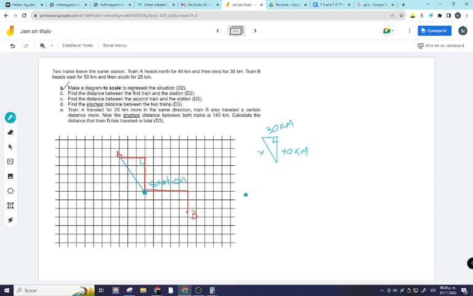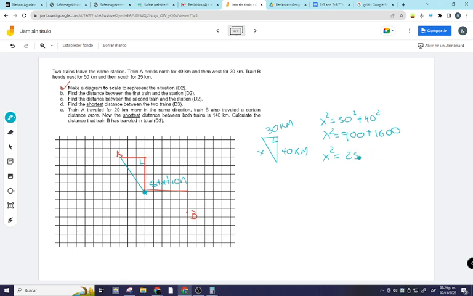So again, Pythagorean theorem. x squared is 30 kilometers squared plus 40 kilometers squared. That would be 900 plus 1600. So x squared would be 250.